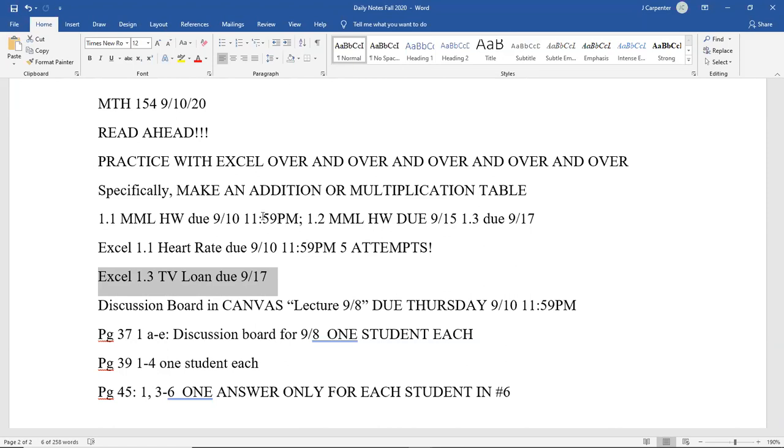You're still going to be finding a sum at the end because you're going to add the interest, but you'll also be subtracting a payment amount. So all of those instructions are in there. The instructions are very, very detailed in those Excel homeworks. Remember, it gives you good instructions on the first tab. The second tab, they might be a little less specific, the tab where you're actually doing your Excel work.